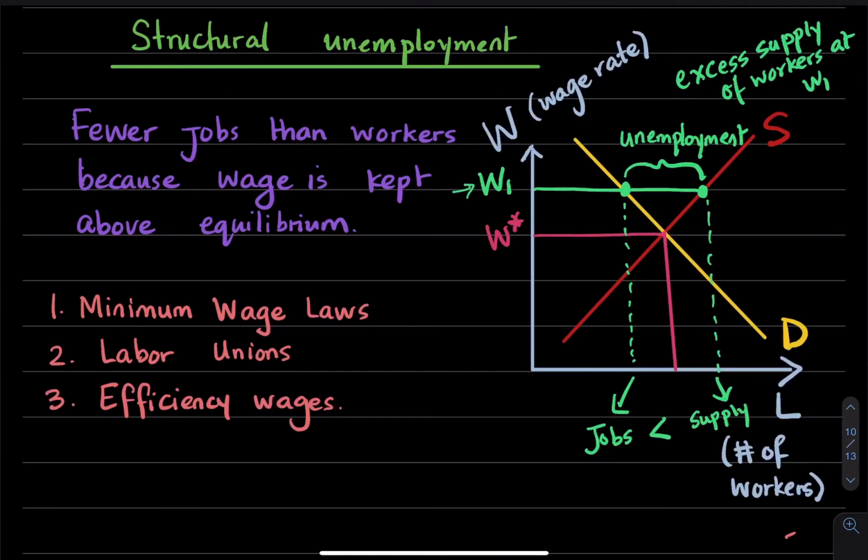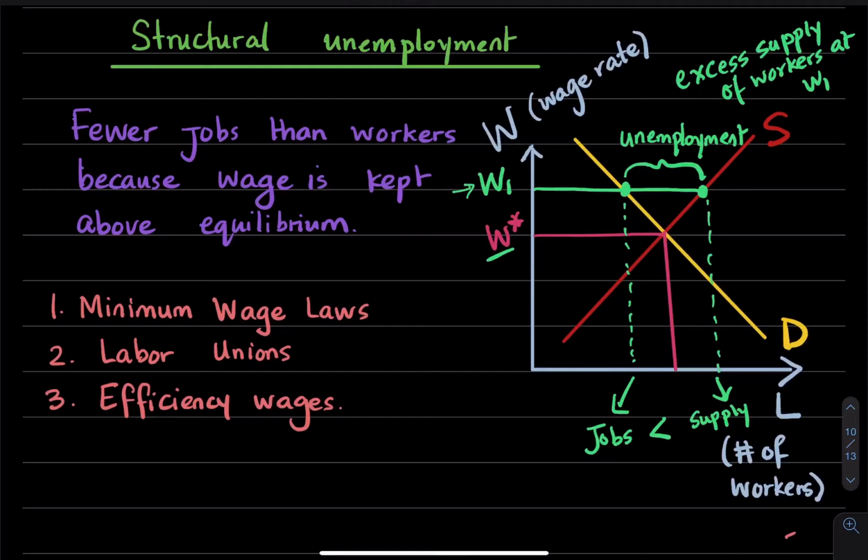But typically, if you have a unionized workforce for a particular company, they're going to negotiate higher wages. And again, that could be a potential reason for why we may not be operating at W star, but at something like W1, which is higher than W star. And again, you have unemployment.